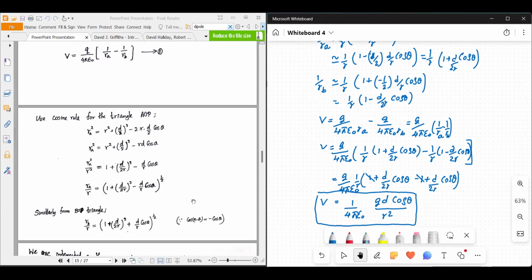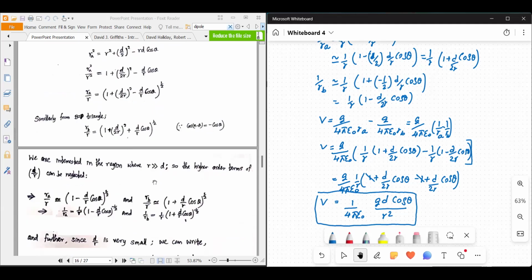So we wrote those equations. And then, since we are looking for a point located very far from this dipole, in those cases R is very large compared to d.